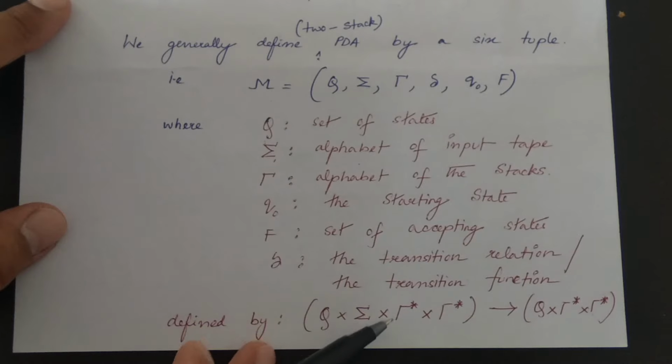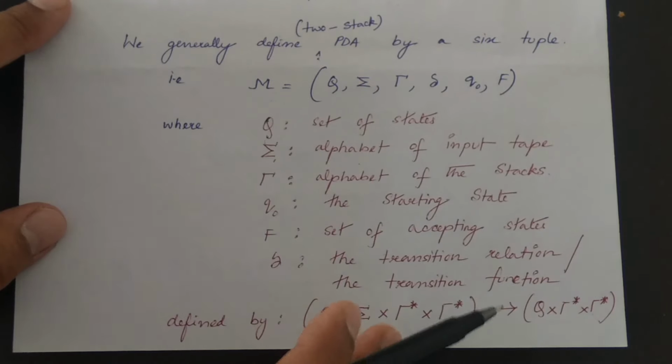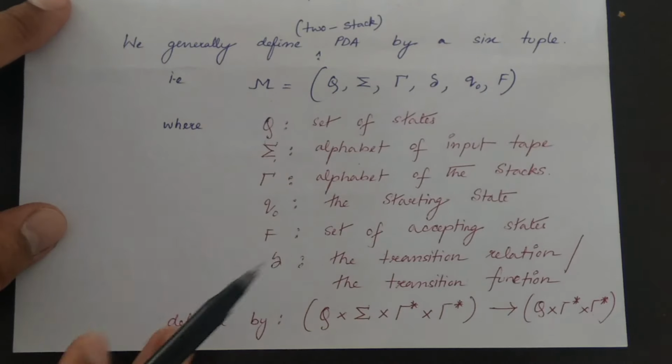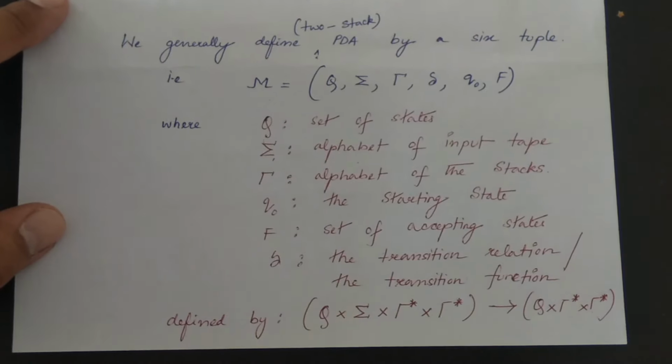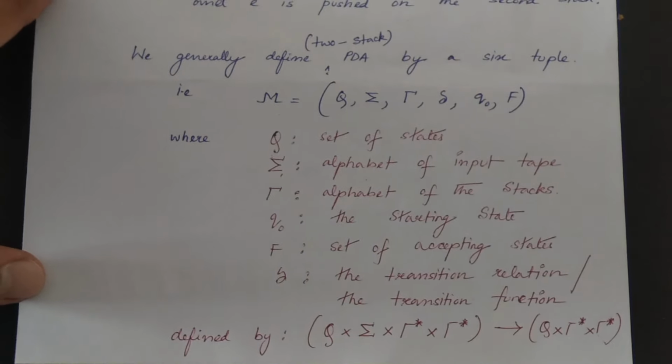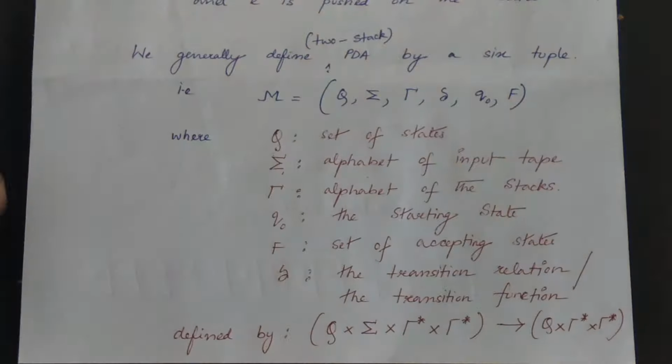Asterisk equals 1 means the first symbol of the first stack and the first symbol of the second stack. So this process goes on. Only we have to consider the states and the stack alphabets. So this is what the transition function is all about. But this might be a little bit difficult for you to understand, so we will take an example and I will let you know. This is the general formal description of a two-stack pushdown automata.